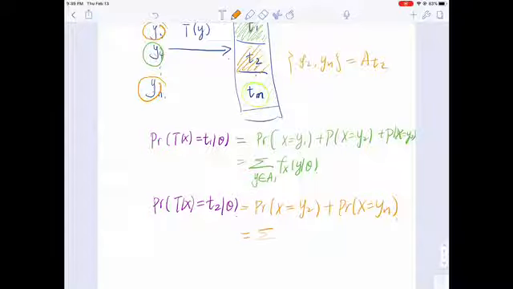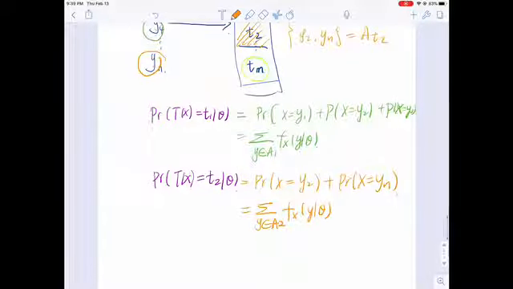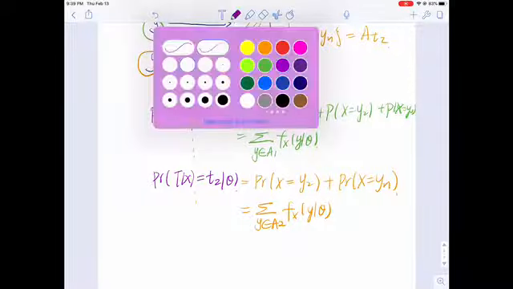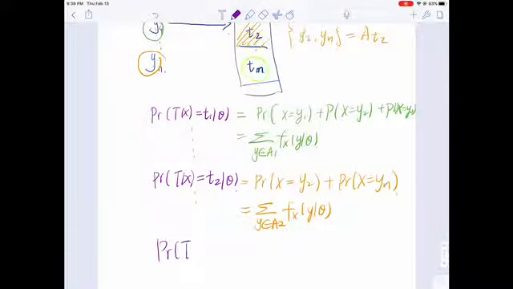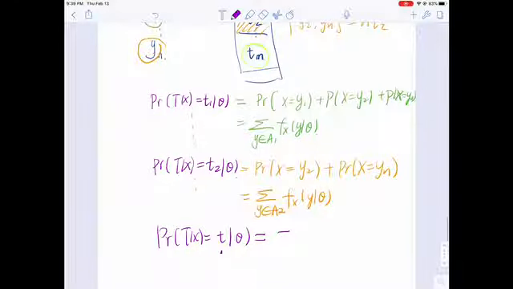So we can write it as the sum of the PDF of y when y belongs to this A2. If we generalize this idea to the probability that T of x is equal to t, where this t here is a generic t, then the probability can be written as the sum of f of y given theta when y belongs to this A_t partition.